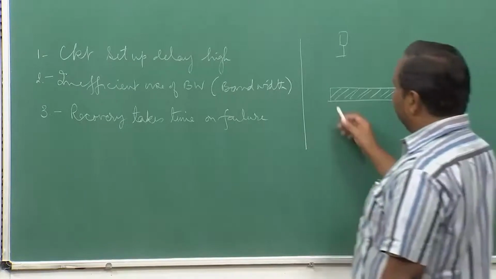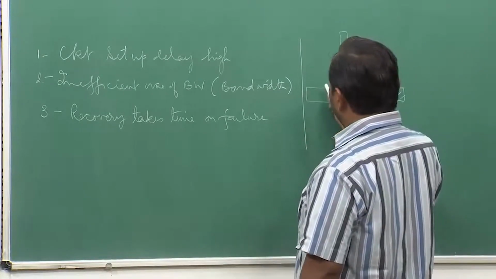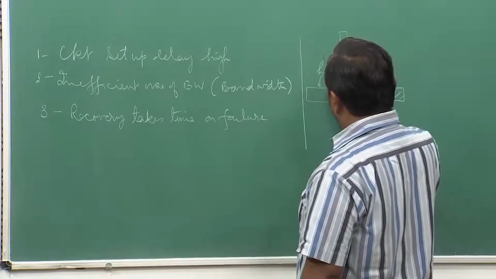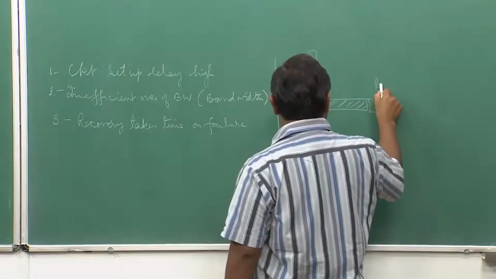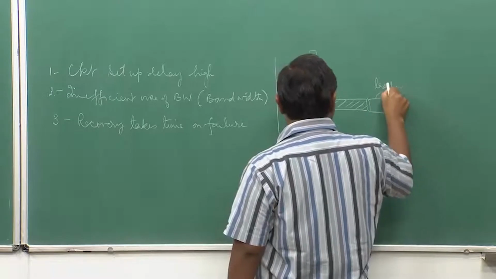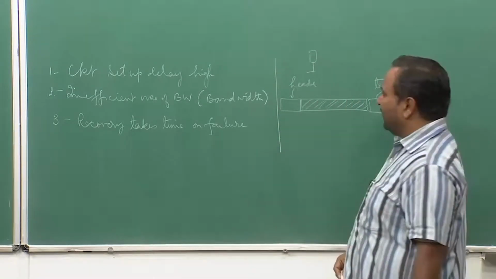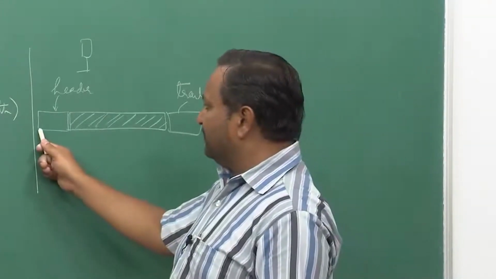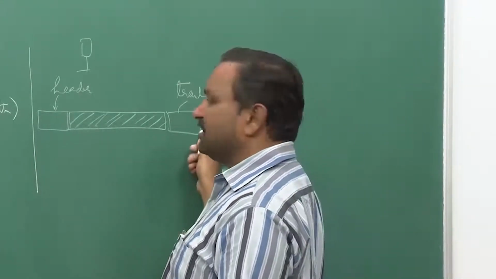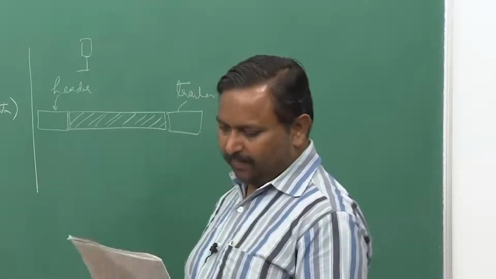Then I will attach a header. I can also optionally attach a trailer, and this is how I have formed a packet. So this is the first bit which will be transmitted, and this will be the last bit which will be transmitted.